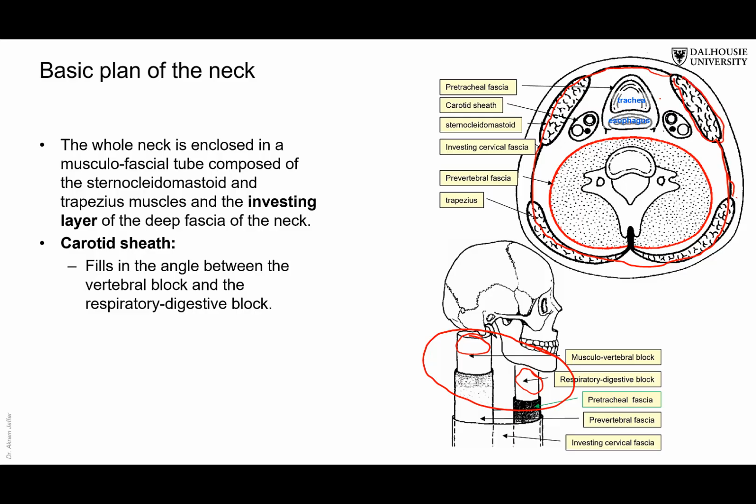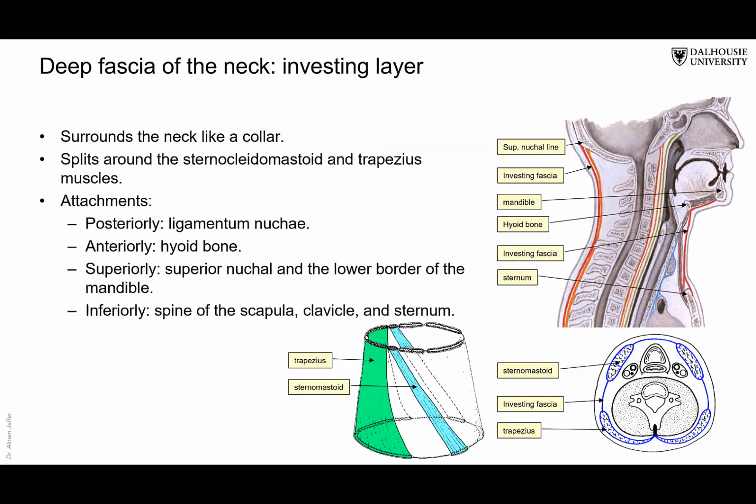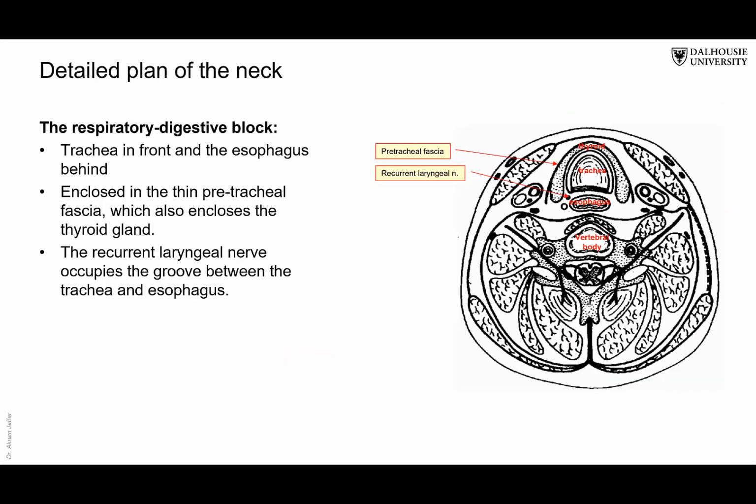It will split to enclose the sternocleidomastoid. Posteriorly, it splits to enclose the muscle on the back, which you remember, the upper fibers of the trapezius muscle. So this investing layer splits twice, as you can see here. So it's like a collar around the neck, and it splits twice to enclose these two muscles, the sternocleidomastoid muscle and the trapezius muscle.